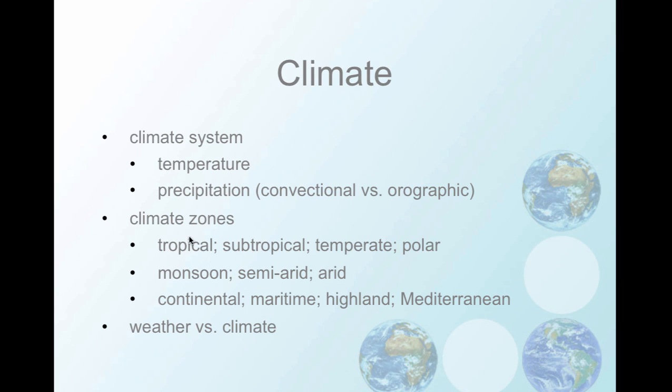So tropical, remember, means that it's between the Tropic of Cancer and the Tropic of Capricorn. So in terms of latitude, between 23.5 degrees north, 23.5 degrees south. A temperate climate is where we live, in between the tropical and the polar. The polar is inside of those Arctic circles.